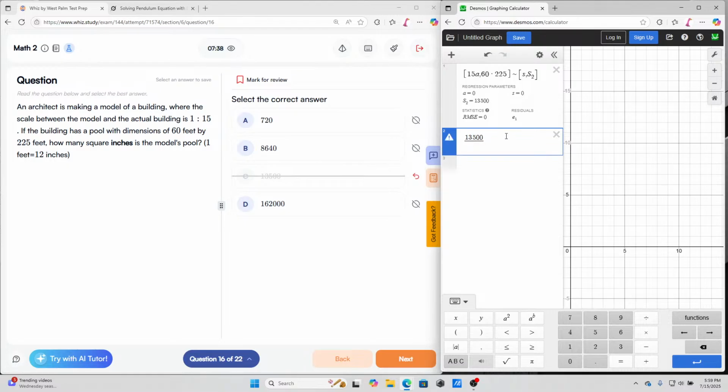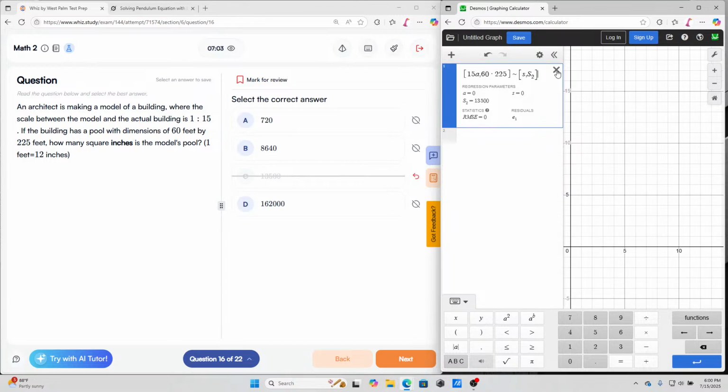Should be able to just divide this by 15 here, but that's not an answer choice. And then we have to take this and multiply it by 12. We also get not an answer choice. Alright, so what did we mess up here? Why are we getting these non-answer choices here? Floating as a pool.